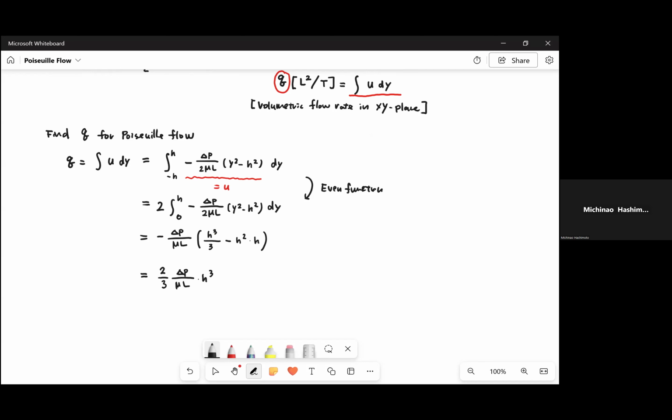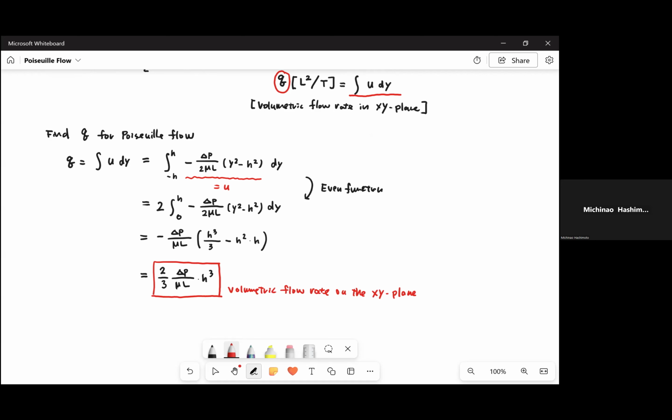We have really found the expression for the Q. This is going to be the volumetric flow rate on the xy plane.